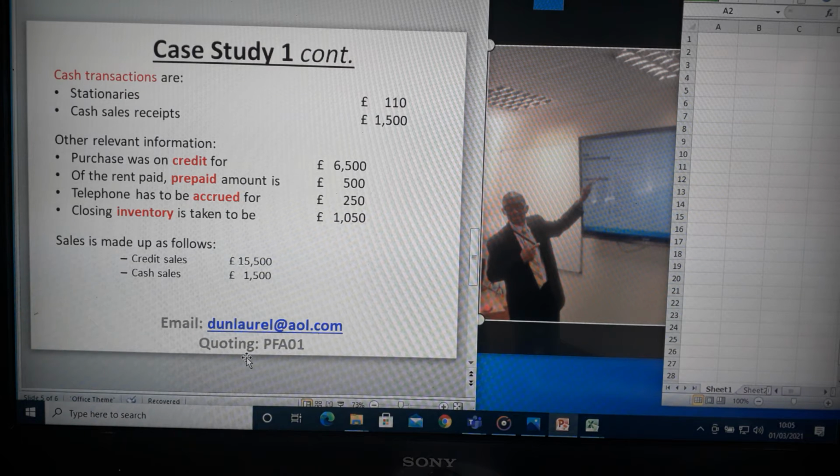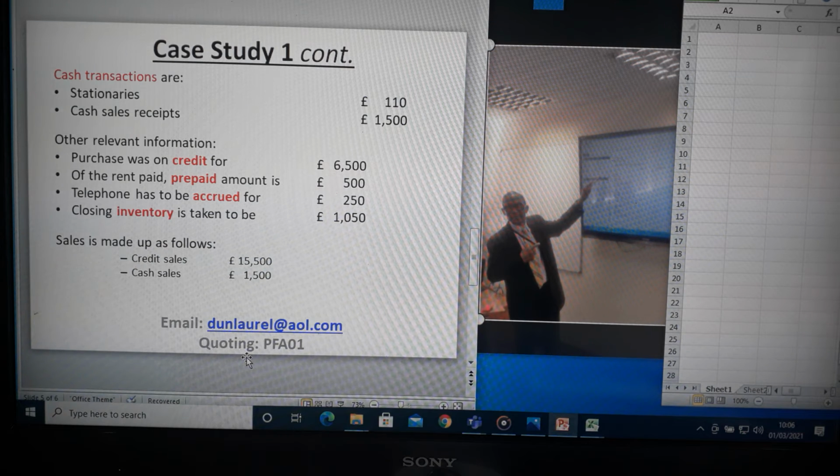The next line is inventory, which was $1,050. This could be raw material she bought and has not used, still in stock. This could be work in progress, things still going through the process of completion. And then others could be finished goods which are yet unsold.